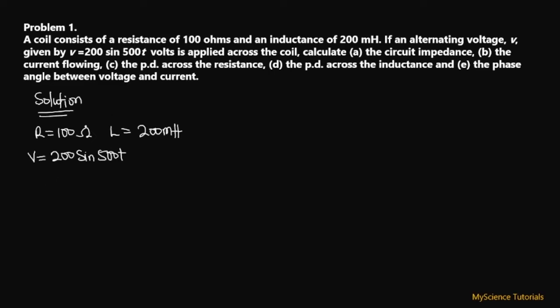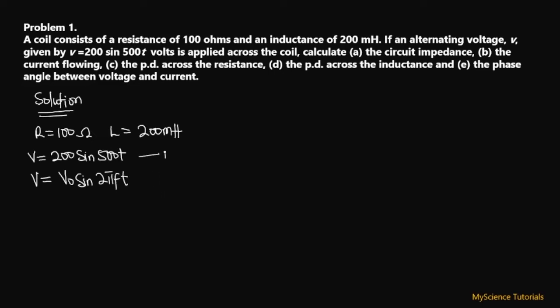Okay, so in an AC circuit, the voltage given in this wave format is not the voltage that we use. We use another voltage which we call the applied voltage, or the root mean square voltage. Now, the general formula is given as V is equal to V naught sine 2 pi f t.